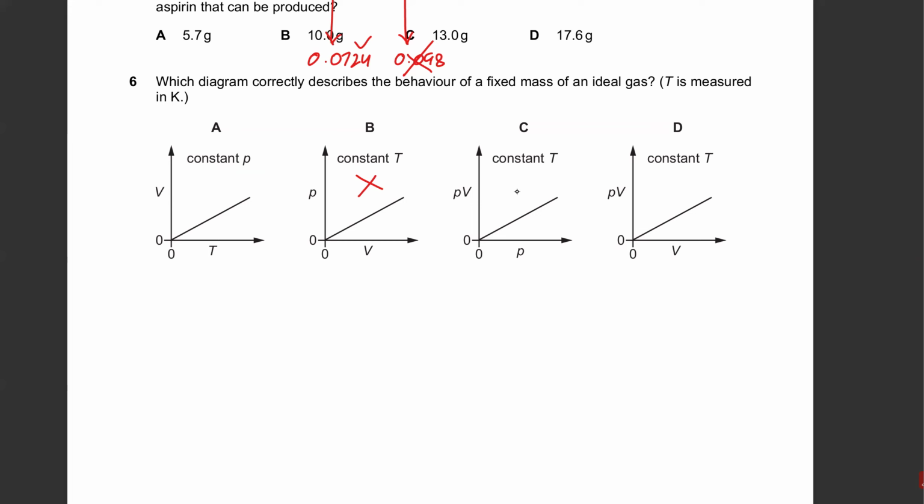How do I, is this memorized? No, you see, you've got this. This is your ideal gas equation, right? Based on that, what about the first one, option A, is that wrong or right?